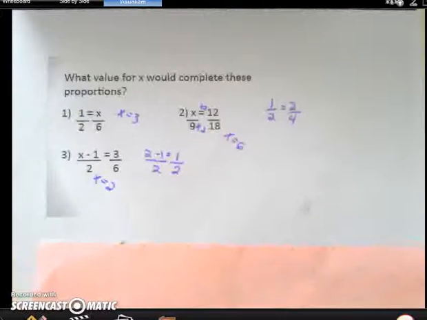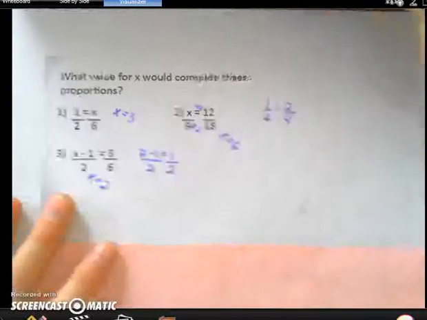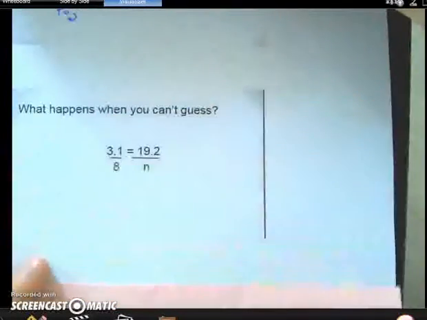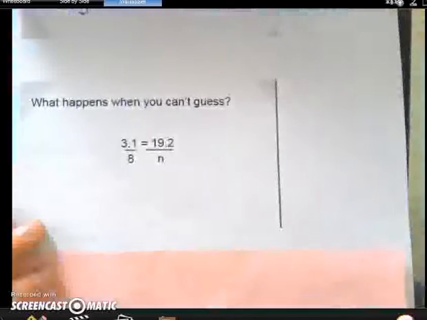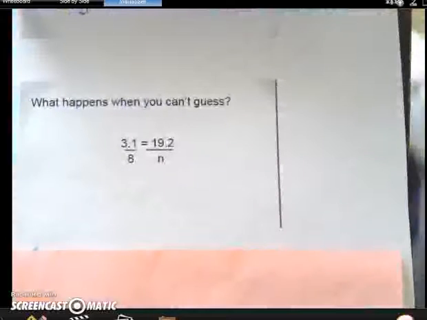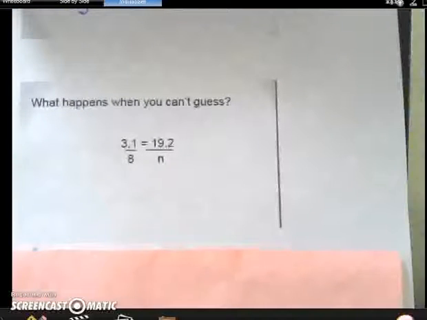Okay, now that's the easy part, I'm afraid. Let's talk about what happens when you can't actually guess the number. So looking at this one, we really have no idea what 3.1 over 8 is compared to 19.2 over n.